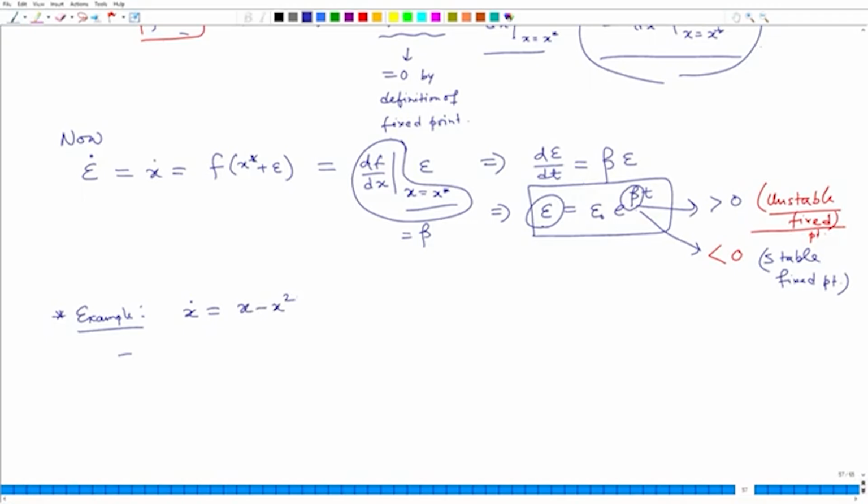So, I know that x dot equal to 0 will give me x equal to 0 and 1, because at x equal to 0 and 1, x dot will be vanishing. And if they are vanishing, then these are the fixed points of the system.